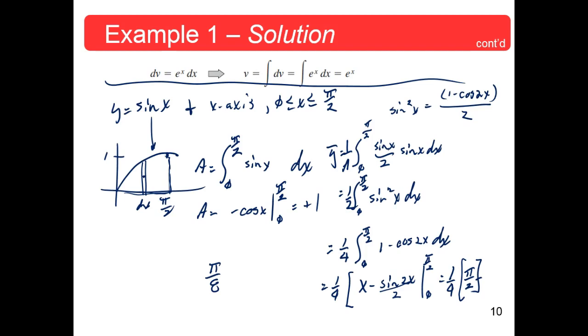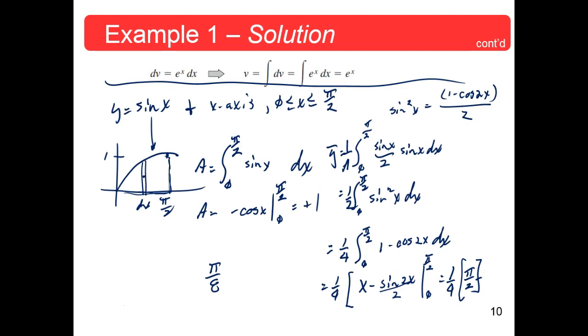Now that's your y bar. Okay? We haven't done x bar yet. The y bar is the y component of your centroid. Okay.